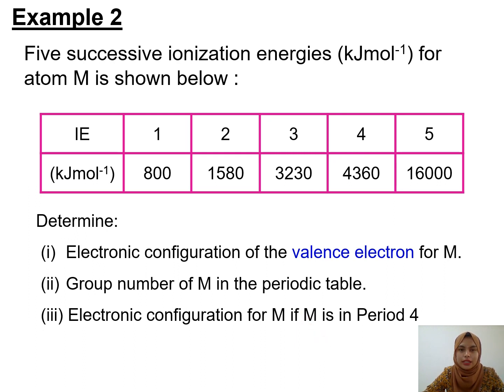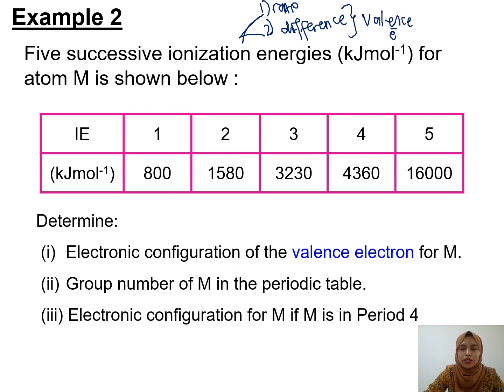Okay, again kalau successive ionization energies ni you ada dua method untuk you tahu the valence electron configuration of the unknown element, which you boleh tahu melalui ratio atau you boleh tahu melalui difference. Okay, and then melalui these two you akan tahu the valence electron for your unknown element.